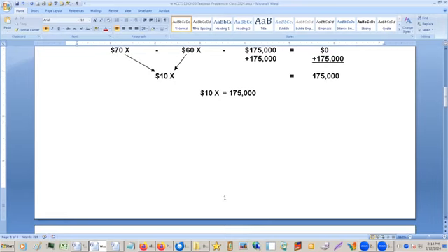Okay, so 10x equals 175,000, so just divide both sides by 10. And we'll get x equals, what is it, 17,500? I think it's 17,500.